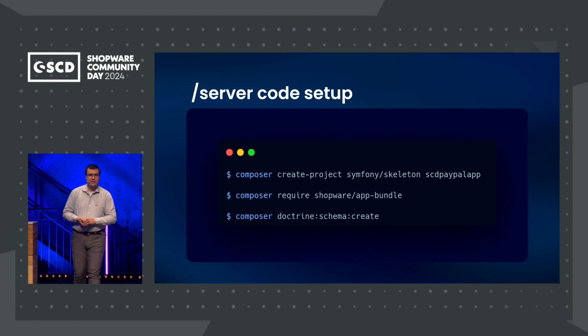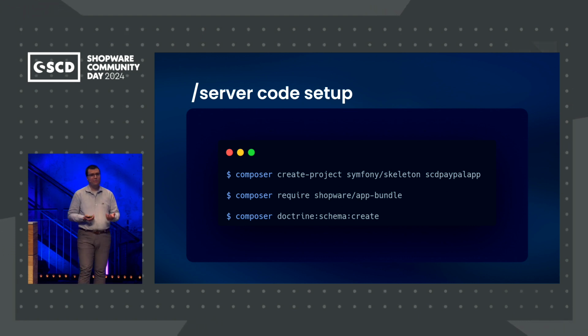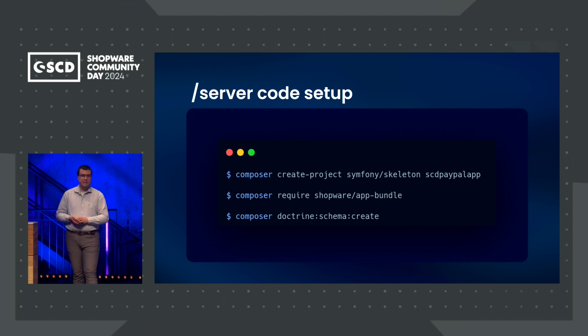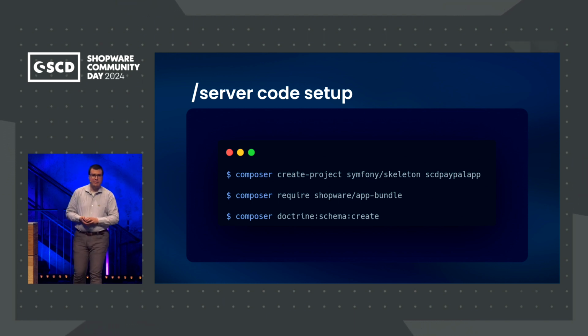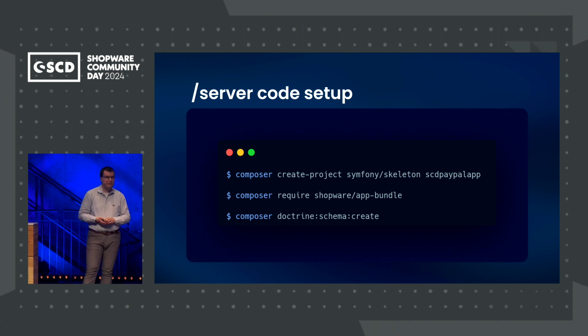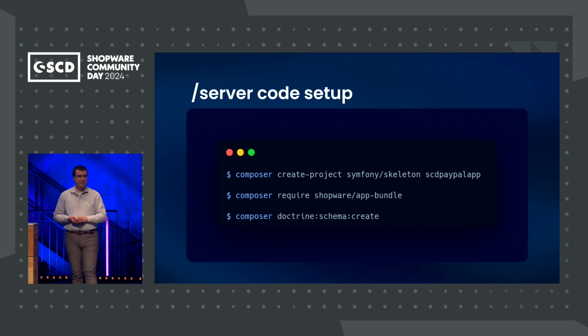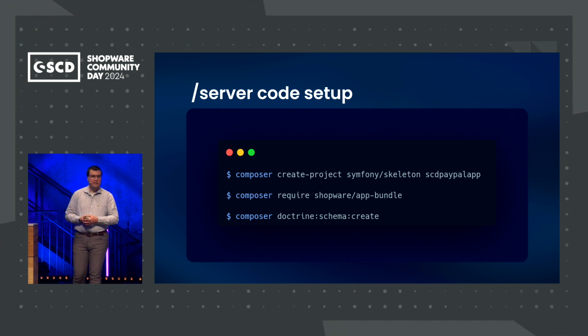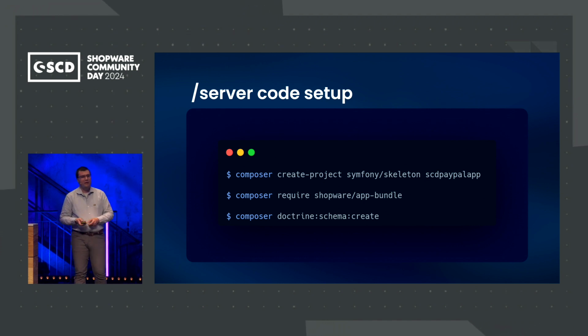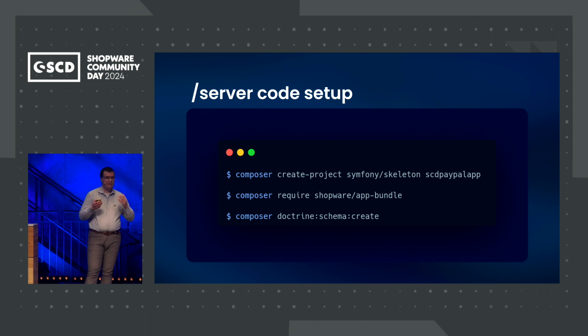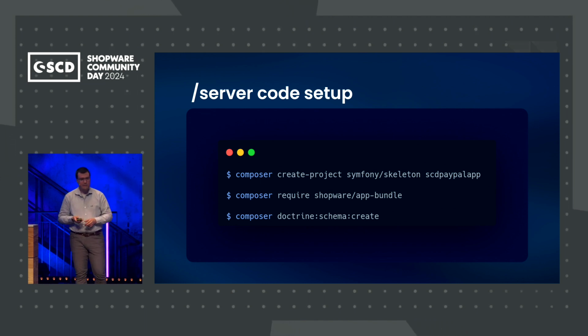So let's get started. We are PHP developers, so we want to use the new app bundle Shopware provides. And this also includes the app PHP SDK. And with these three rather simple commands on your server, you already have your composer setup, which includes all the dependencies you require.